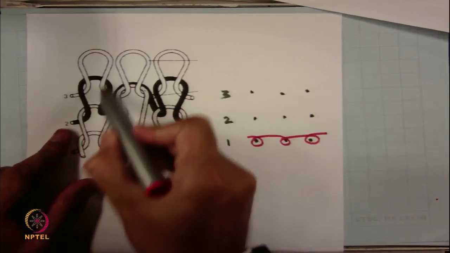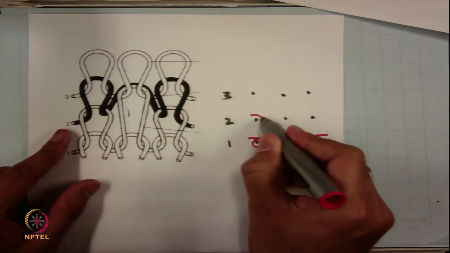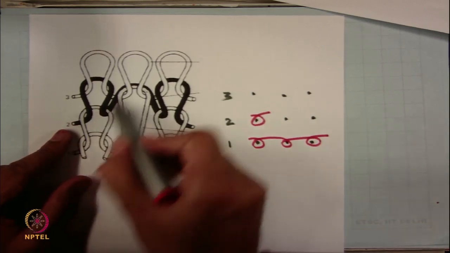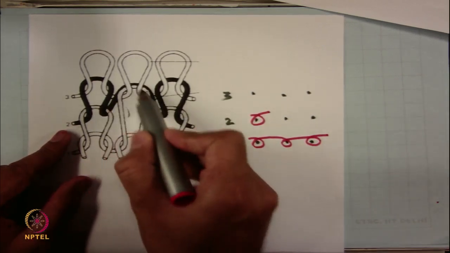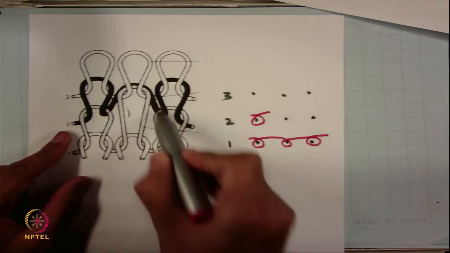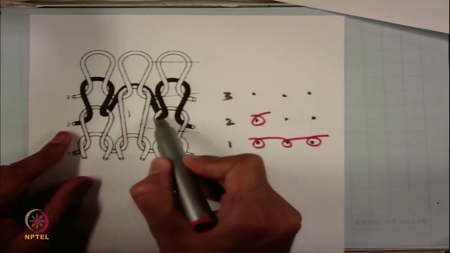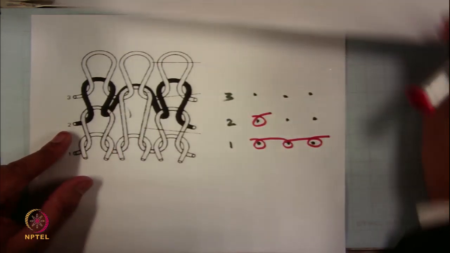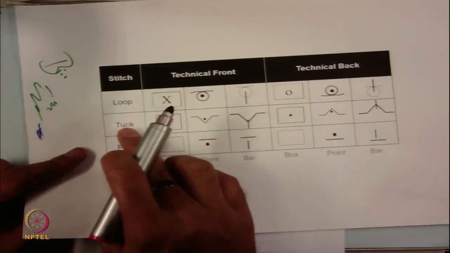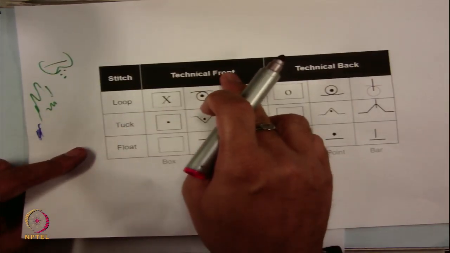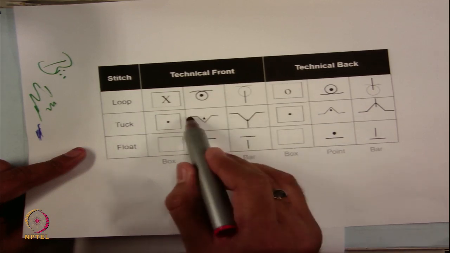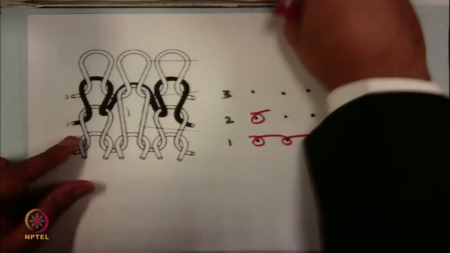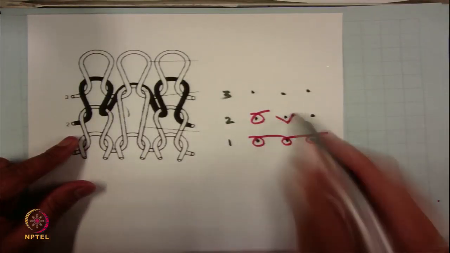Now the second course, this is technical front side, you created technical front side, but if you see this one, this particular loop in the second course is tuck. And how do we actually represent tuck? So what is the tuck notation? For tuck, if you see in technical front side, you have to project the yarn path below the needles. Okay. So you have to represent the yarn path like this.